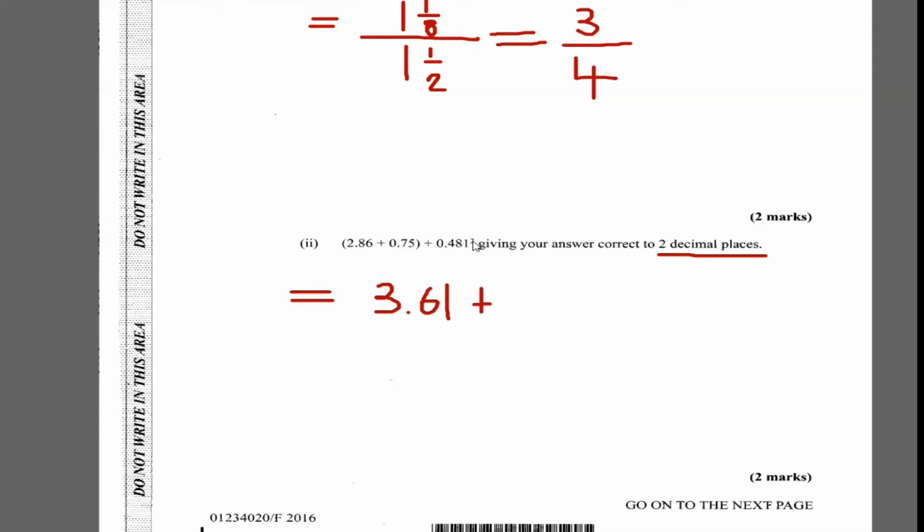0.481 squared. So you put 0.481 in your calculator and square it. When you square it, you're going to get 0.2313. Now you can go ahead and add the 2. And when you add the 2, what you're getting is 3.8413.